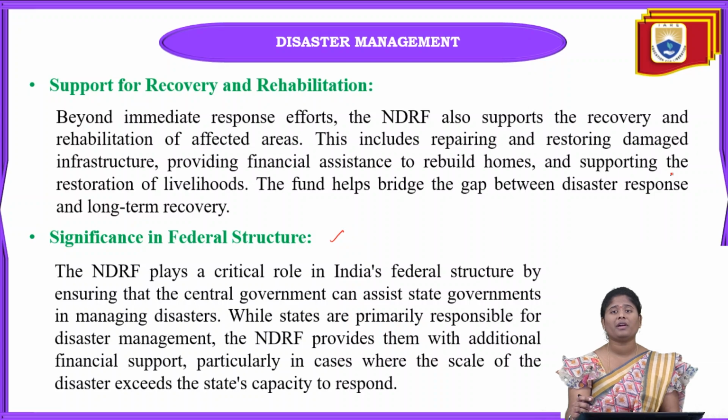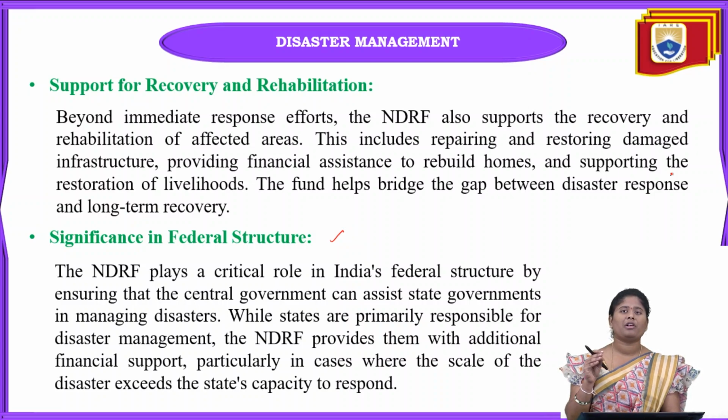It ensures that the central government can assist the state governments in managing disasters. The state governments in turn assist the district people, and the district people assist the rural people. This is the whole process. So the main significance in the federal structure is to assist from the central government to the state government to the district government.